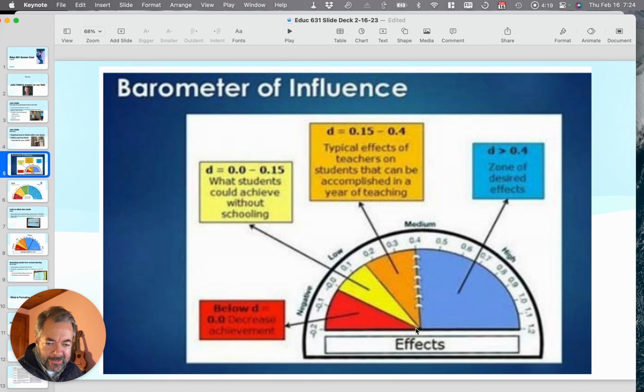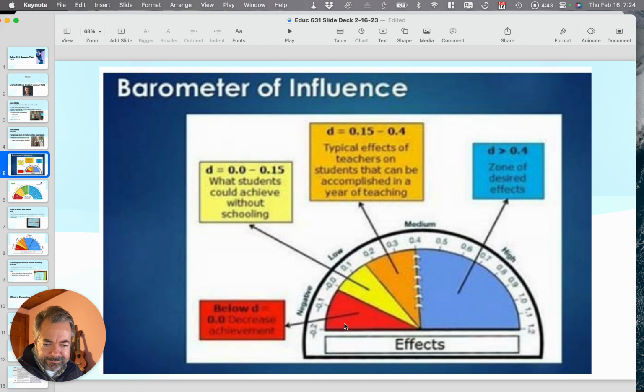This is fuzzy, but I wanted to show that, again, you have 4 different categories. 0.4 is sort of the average effect size. So it's kind of the zero, really, in the middle. And everything higher than that is a zone of desired effects, and lower is obviously not so great.